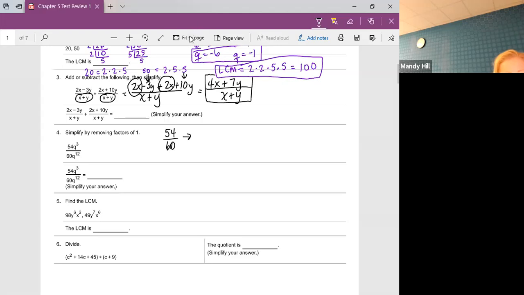So if I go to my graphing, now you can find the biggest number that will divide out here. Okay, that will work too.